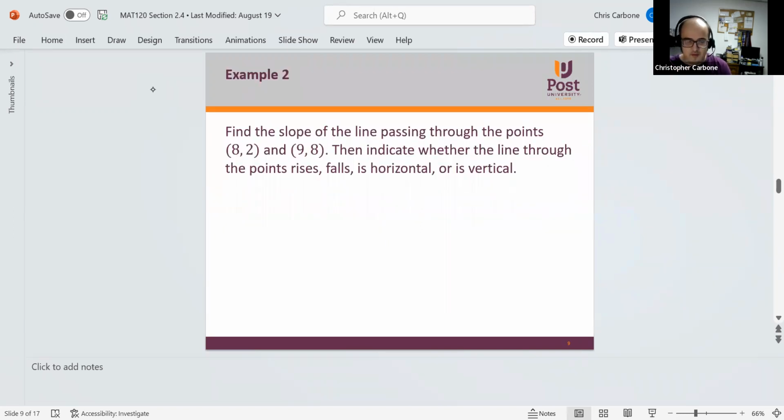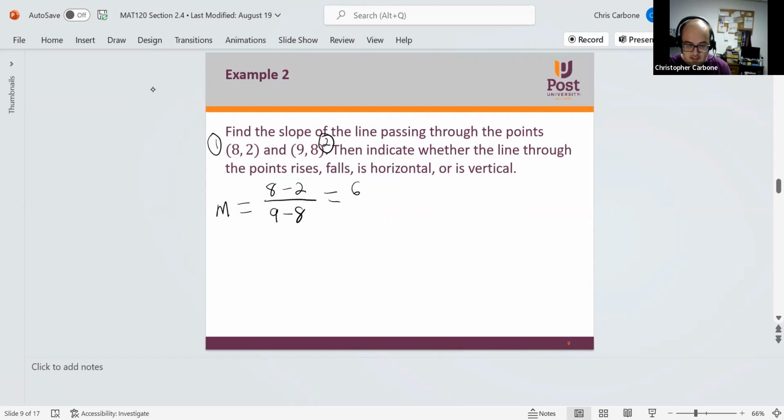So, for example, we want to find the slope of the line passing through the points (8, 2) and (9, 8), then indicate whether the line through the points rises, falls, is horizontal, or is vertical. So let's call (8, 2) our first point, and (9, 8) our second. Based on that slope formula, we would have 8 minus 2 divided by 9 minus 8.